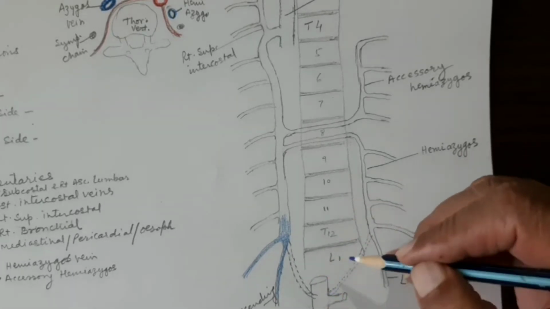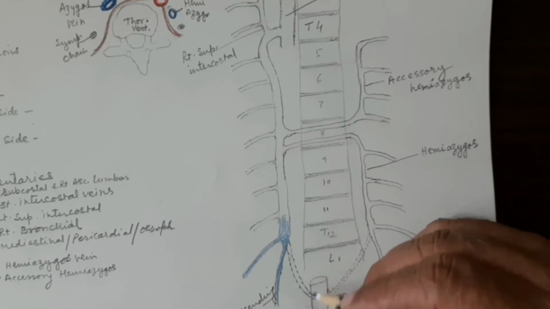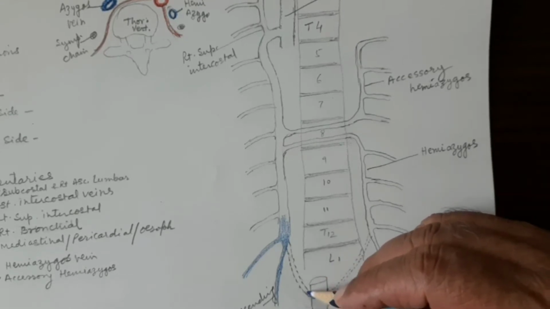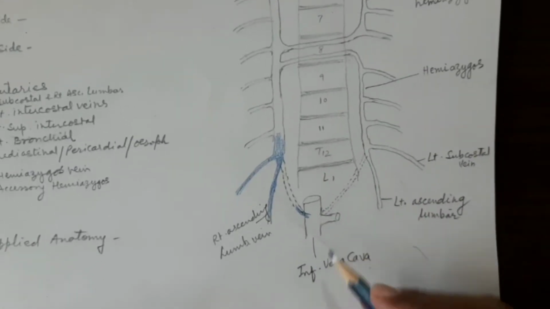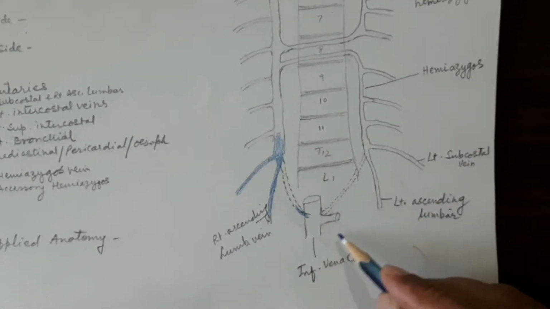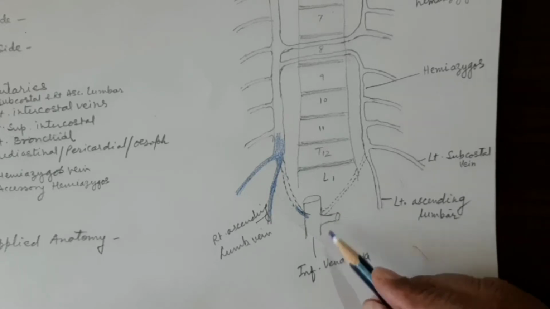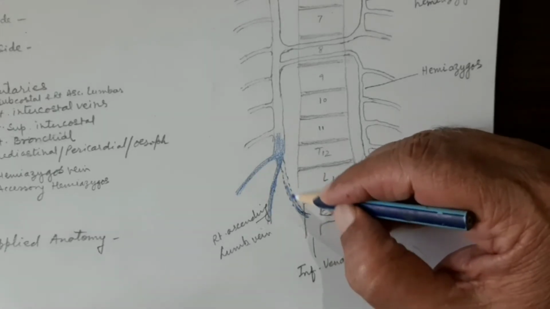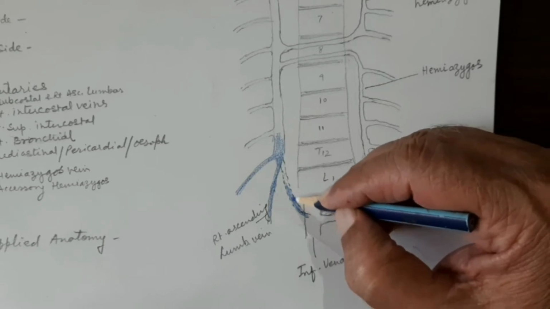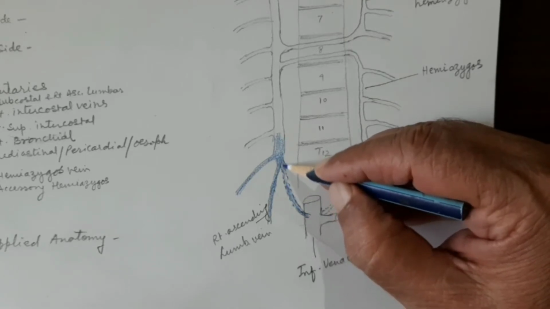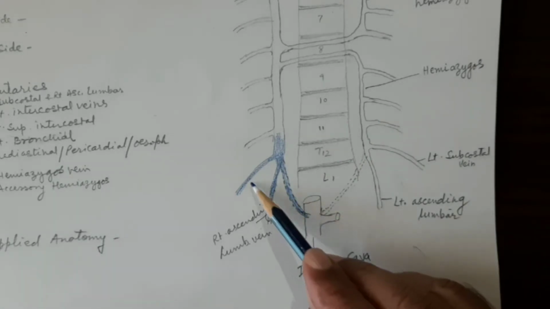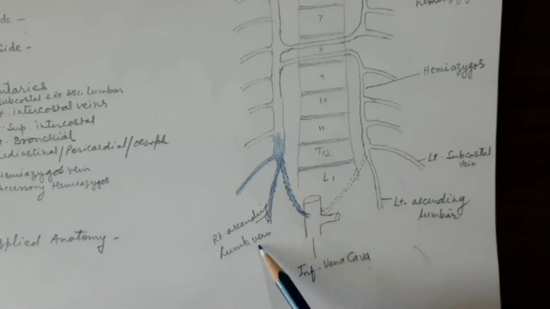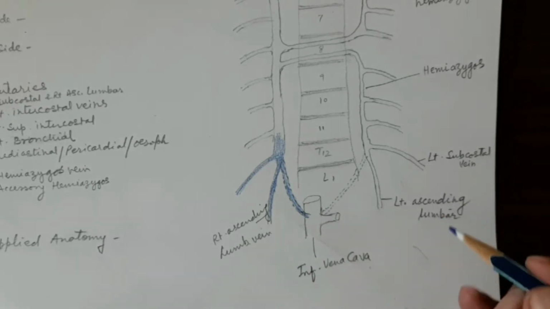And another way in which the azygos vein can form is that it may arise from the posterior aspect of the inferior vena cava. See, this is the inferior vena cava and this is the left renal vein. So it arises from the posterior aspect of the inferior vena cava, and then it may form the azygos vein by having the tributaries, the ascending lumbar vein and subcostal vein.